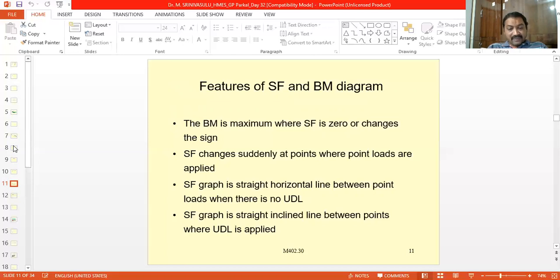The shear force graph is a straight inclined line between the points where UDL is applied. So for point loads, the shear force is a straight horizontal line, and for the UDL, the shear force is a straight inclined line. That you must remember.